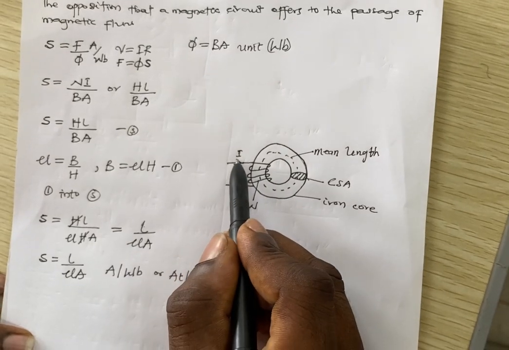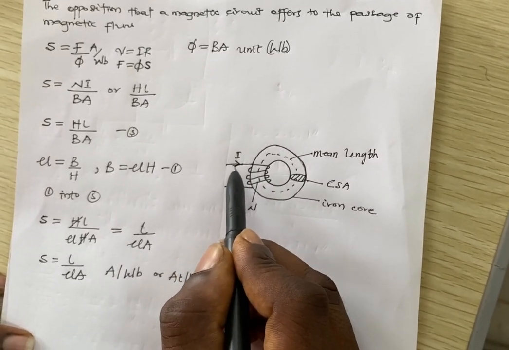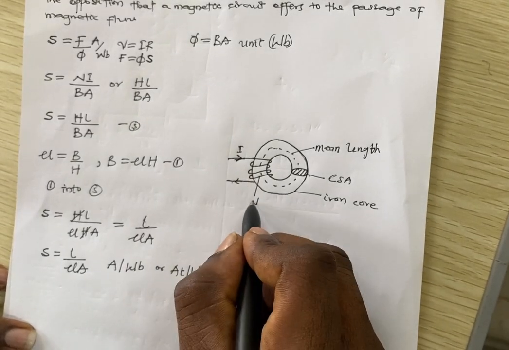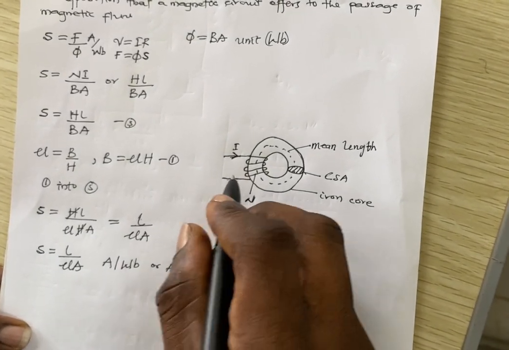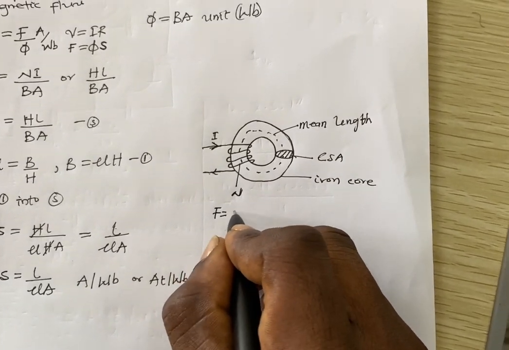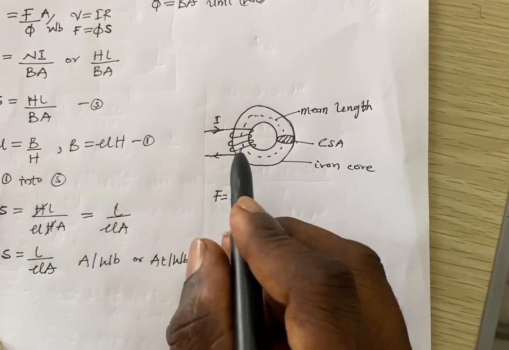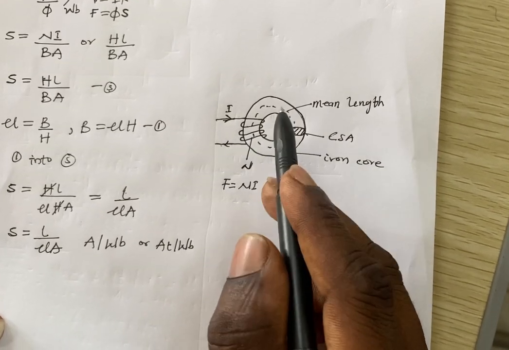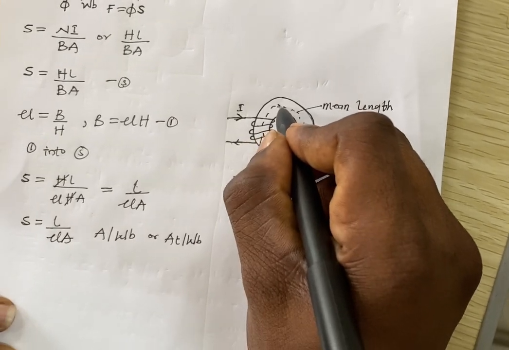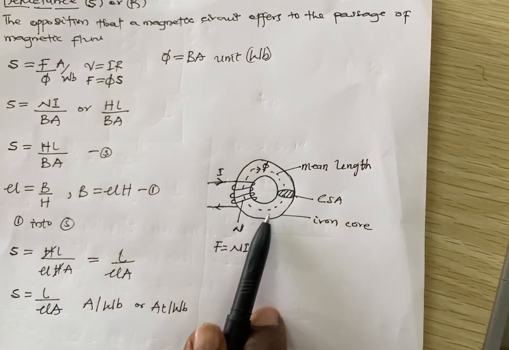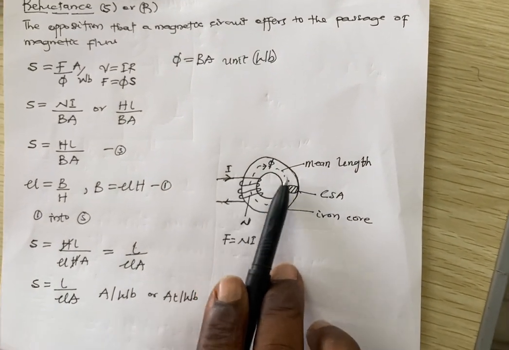And when current is being passed through these turns, which is N, a force will be generated, right? So the force which we said is equal to Ni will be generated once we pass this current through these turns, right?